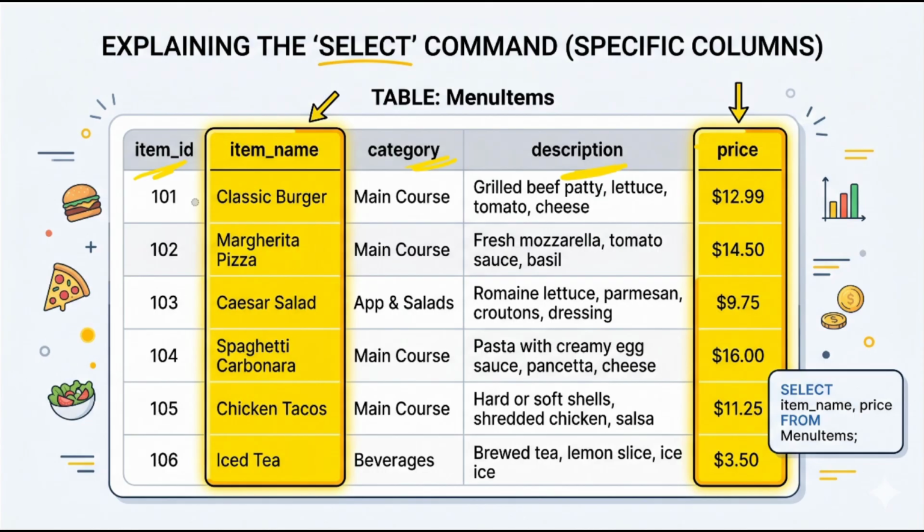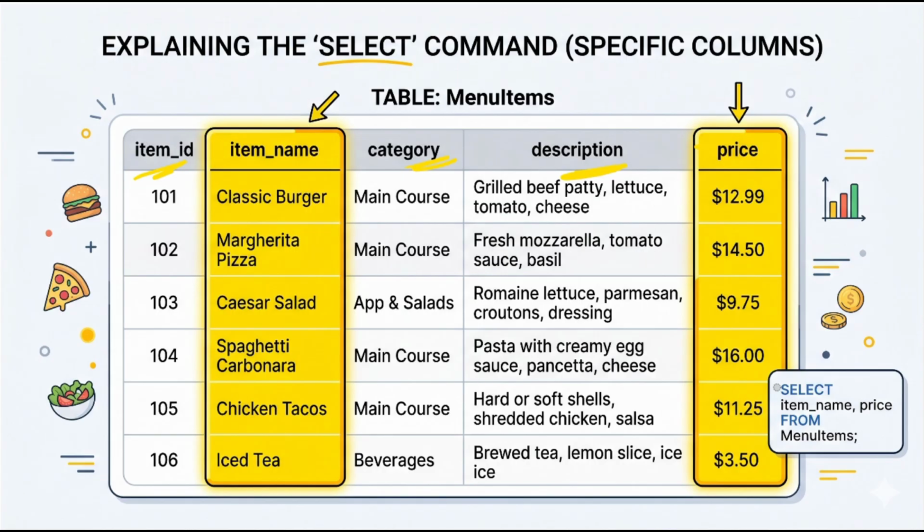But maybe we want to see the food name and the price. A consumer is not worried about what the item ID is. They want the food and at what price the food is listed in that particular restaurant. For that, we use select.